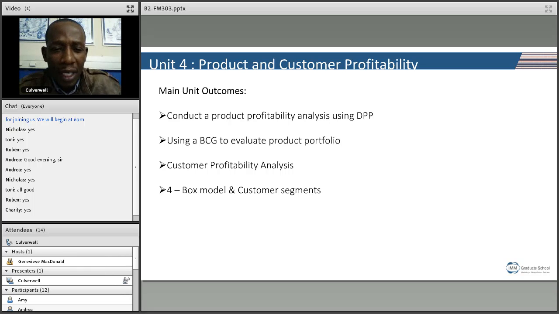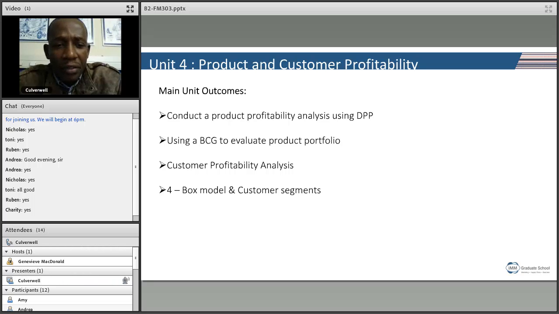And then you also have customer profitability analysis. The concept of product profitability and customer profitability is almost exactly the same. The only difference is that when you're doing a product profitability analysis, you're looking at a physical product, and when you're doing a customer profitability analysis, you'll be selling a service.